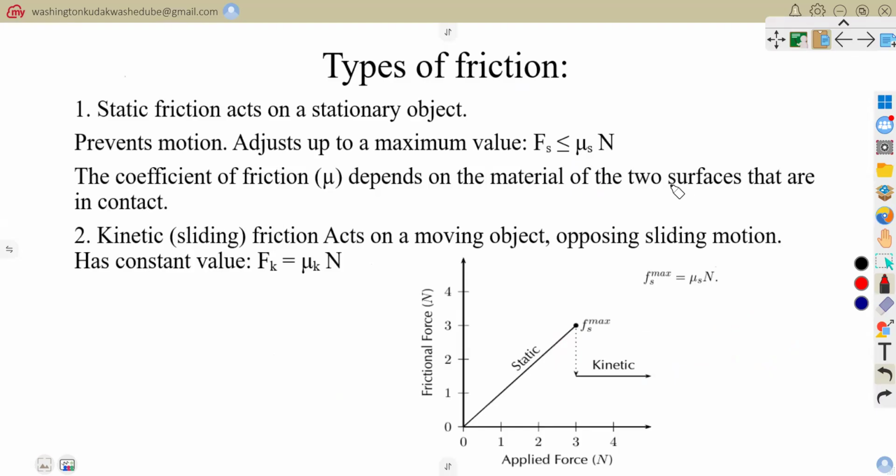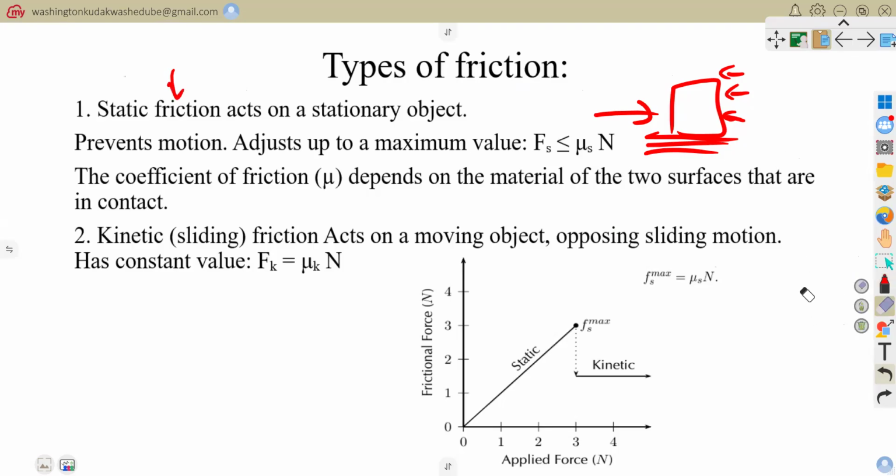And we have two different types of frictional forces. We have the static frictional force. This is the force that prevents any movement. When you have an object that is at rest, and you try to apply a force to cause movement, whatsoever is preventing this object from moving from that resting position is what we call static friction.